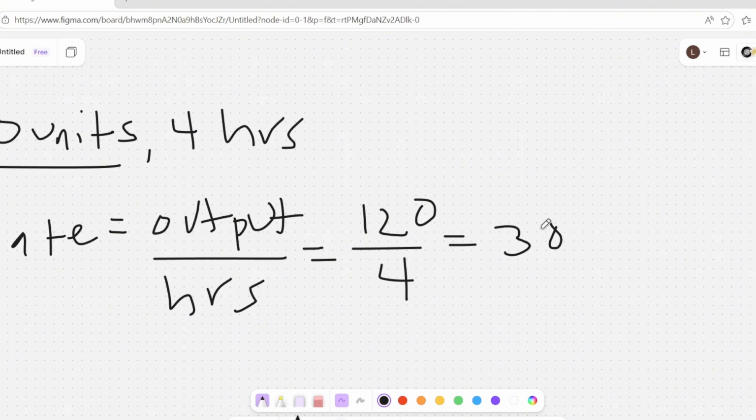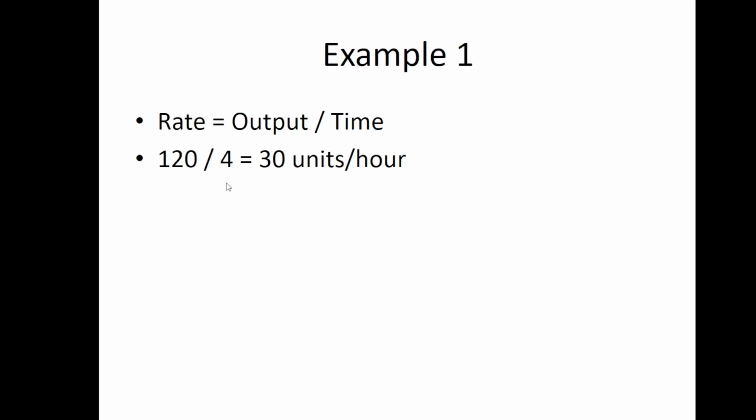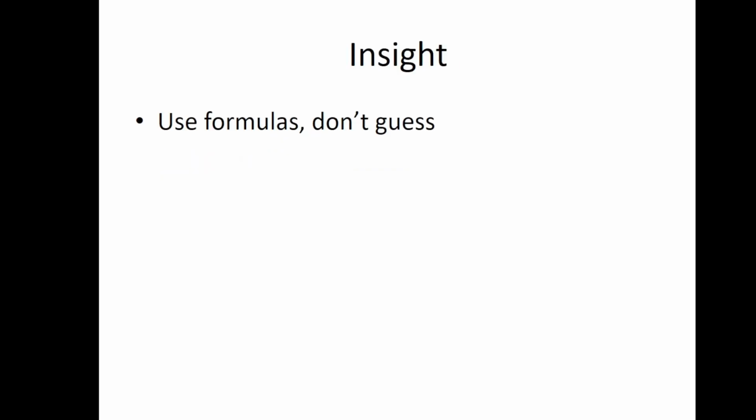So we have 30 units created per hour. That's our answer, our rate, as you can see here on the screen. Insight: use formulas and don't just guess, since we used a known relationship and translated the words into an equation. That's the power of algebra in engineering.